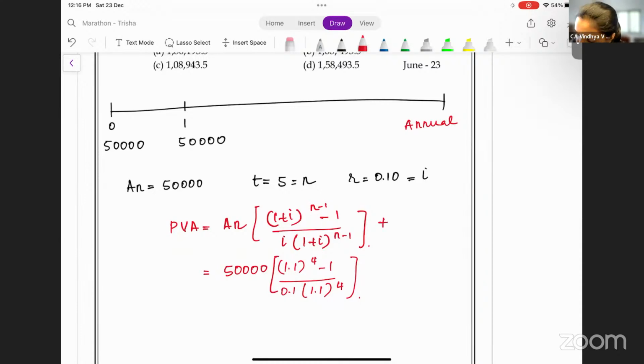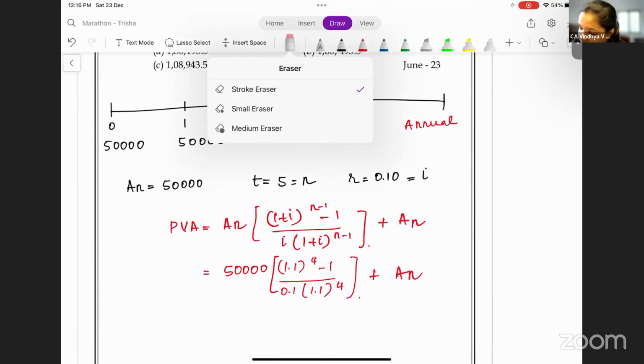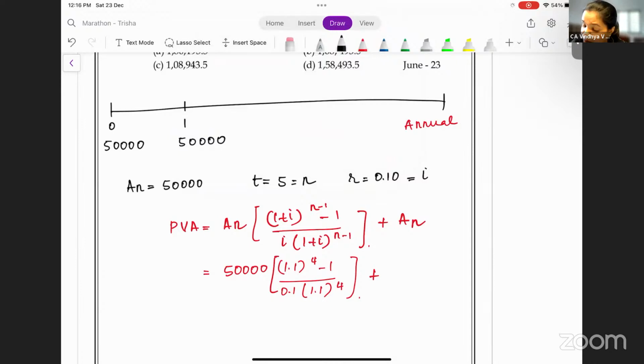But for this, you have to add annuity. Why do we add annuity to this? Because, listen carefully, the first installment here, this 50,000, which is the first installment, is already at its present value. Remember, when I gave you the formula, I told you, why are we minusing 1 from here?